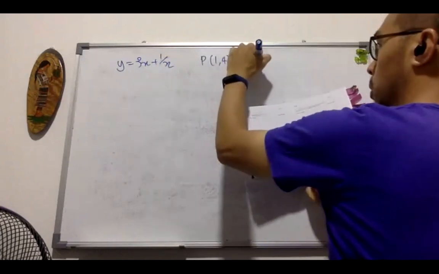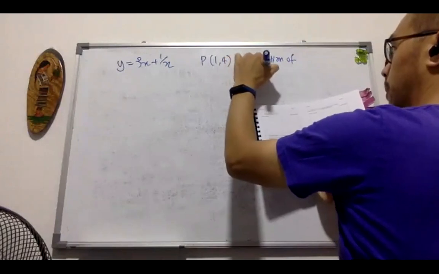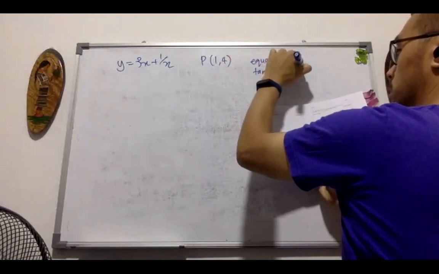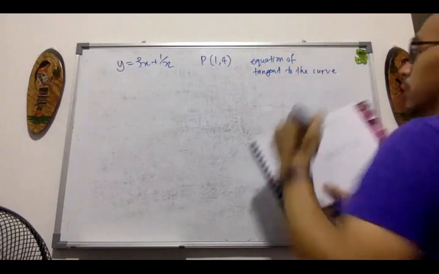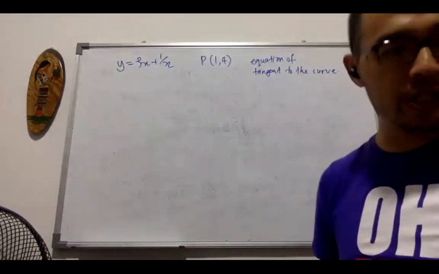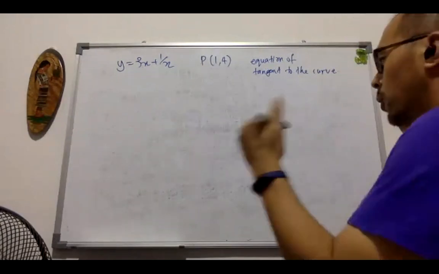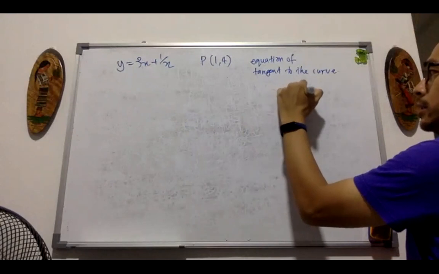You're asked to find the equation of the tangent to the curve at point P. When we were doing integration, we always heard this word, gradient function.